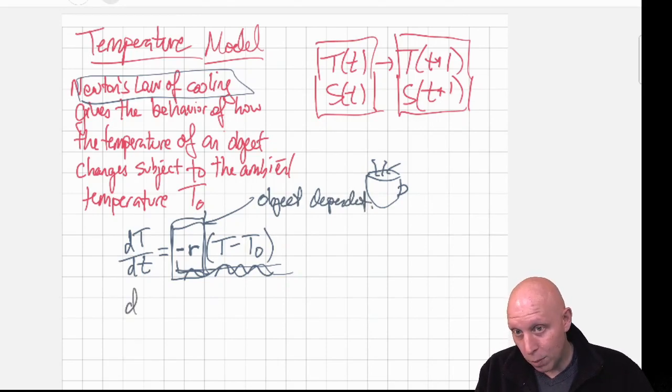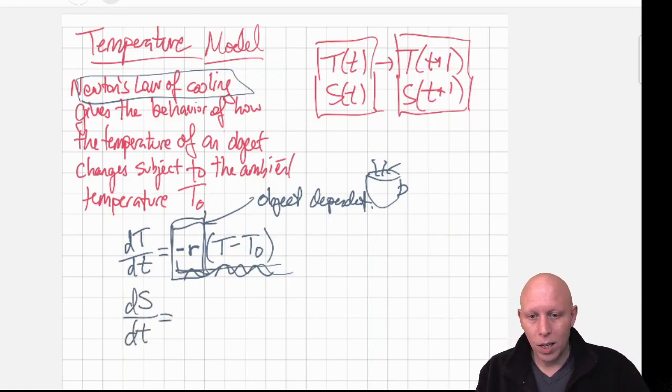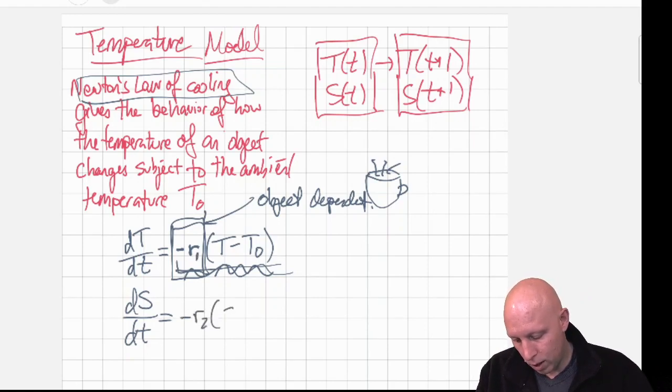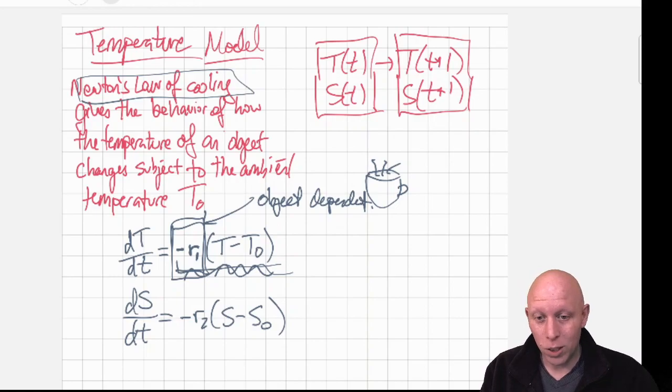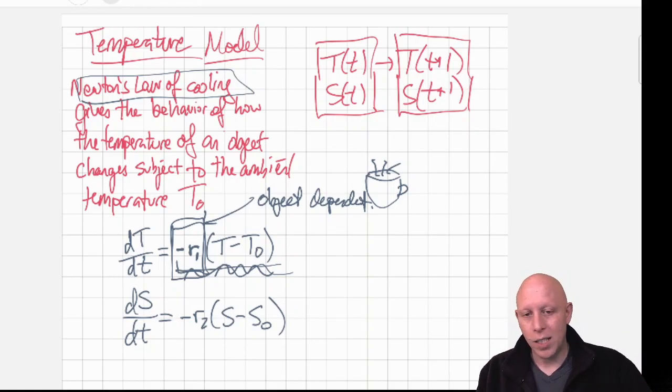In chapters 15 and 16 of the book, they talk about two liquids that are both changing over time. Maybe this is R1 and this is R2 of S minus S naught. Let's say you have some cream in the refrigerator and some coffee out on the counter. When should you add one to the other?